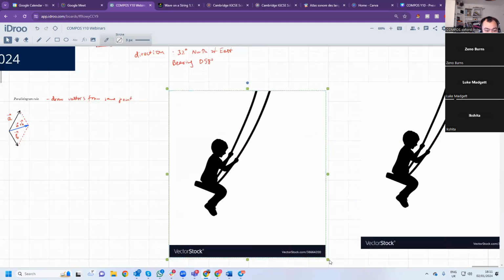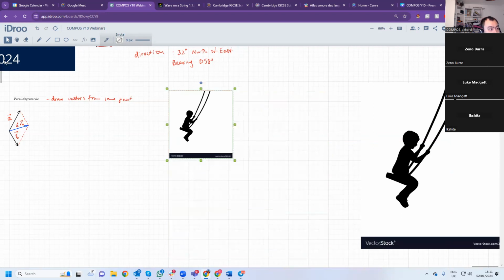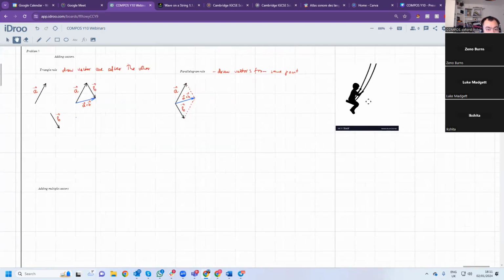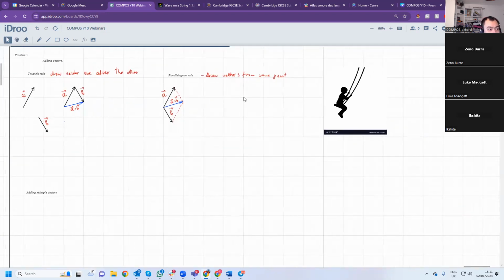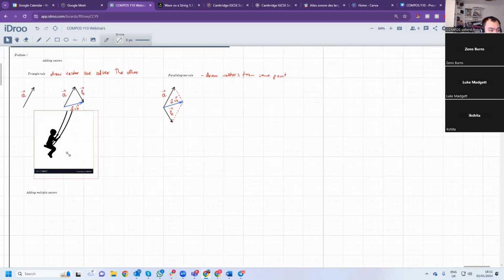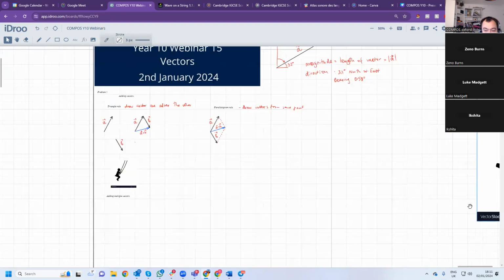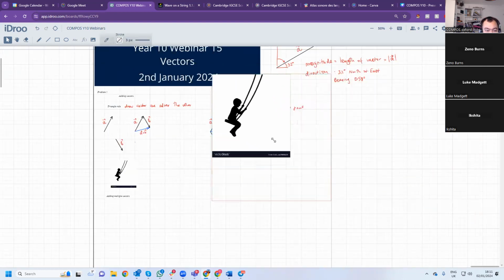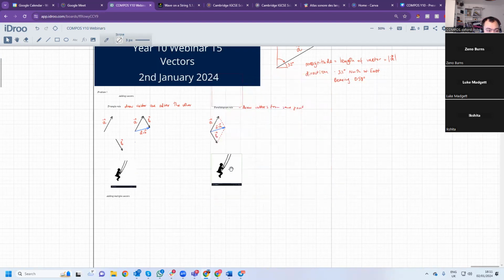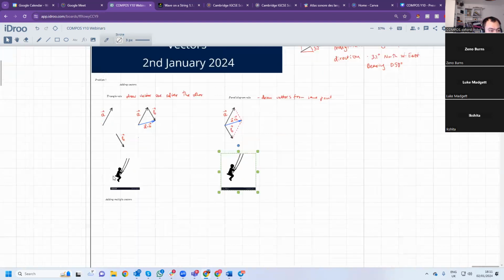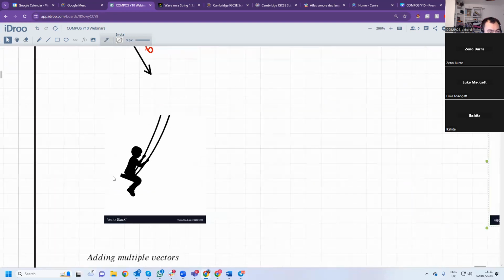I'm going to use 2 different methods. If there is a child on a swing, there are 2 forces acting on the child.